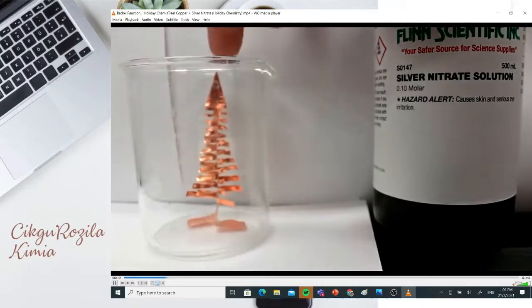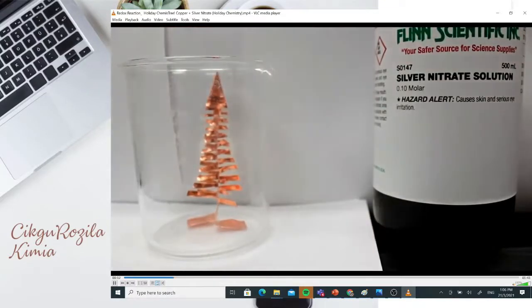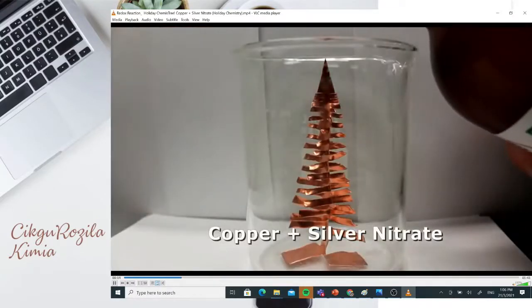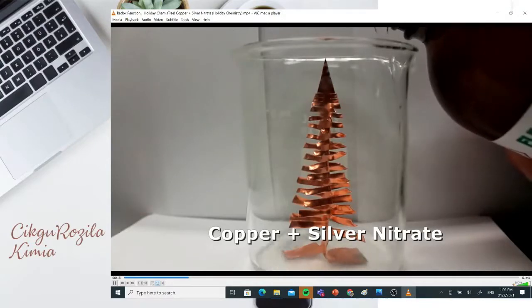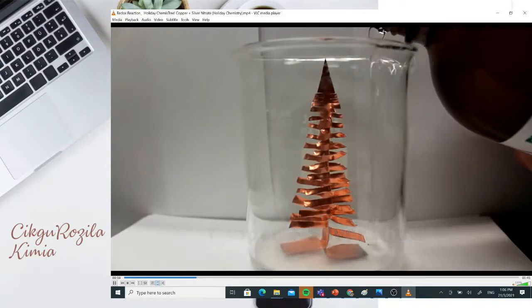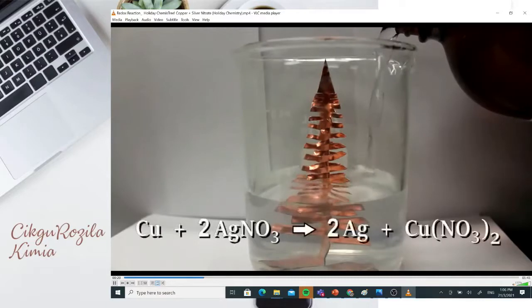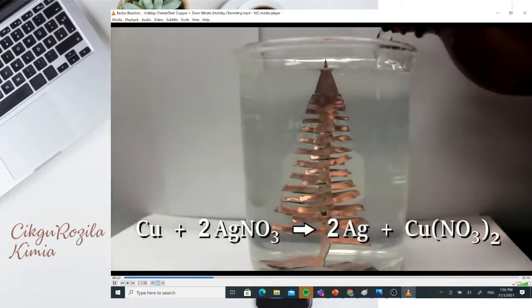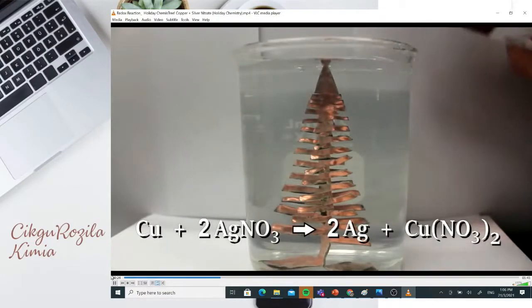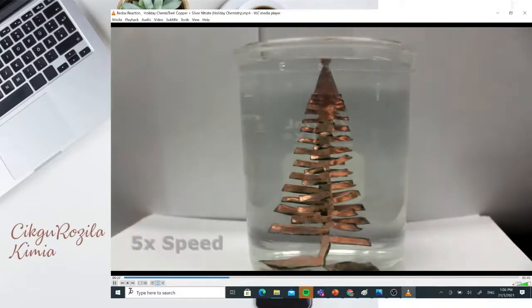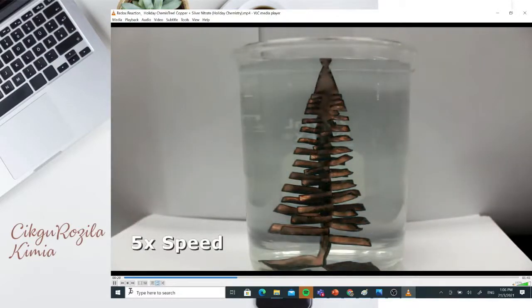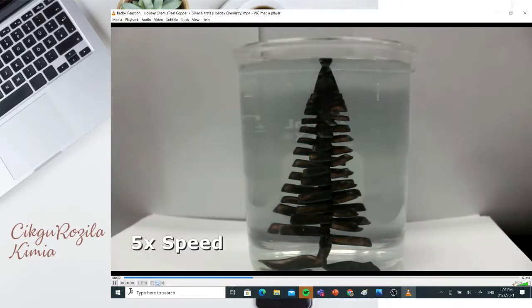During this experiment, we need to put the copper strip into a beaker, and the beaker will be filled with silver nitrate solution. In this reaction, we can see as soon as the silver nitrate solution filled the beaker, the color of copper strip becomes black.